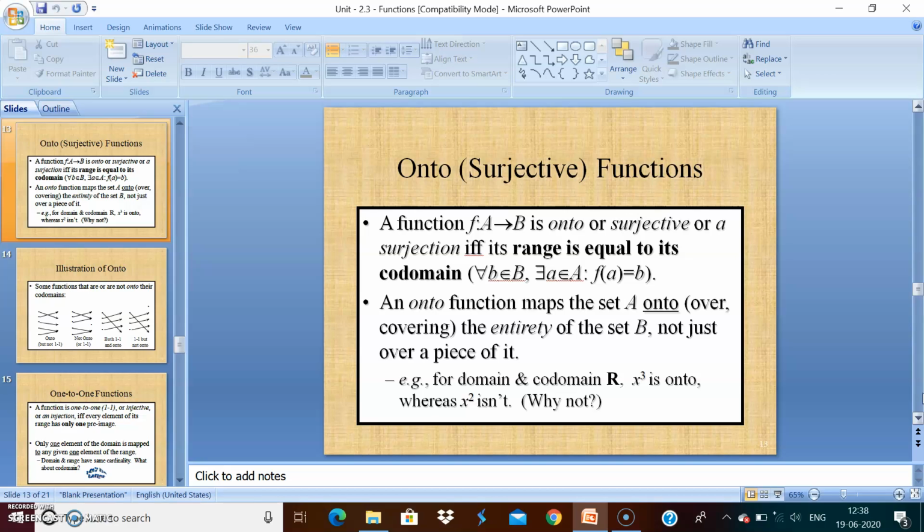Next is the onto function, sometimes called surjective.